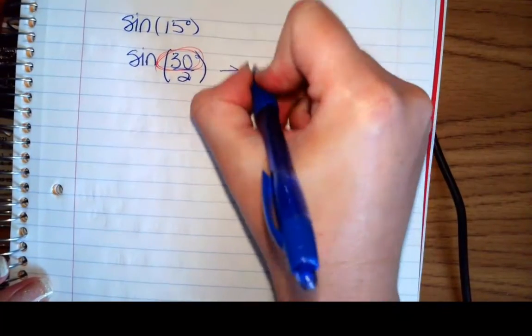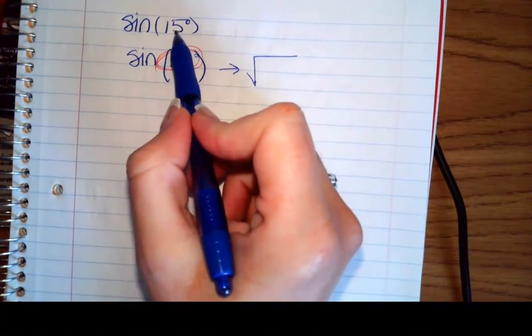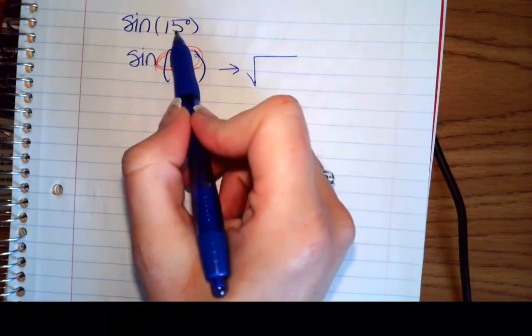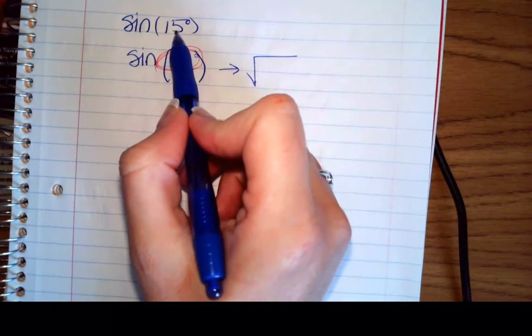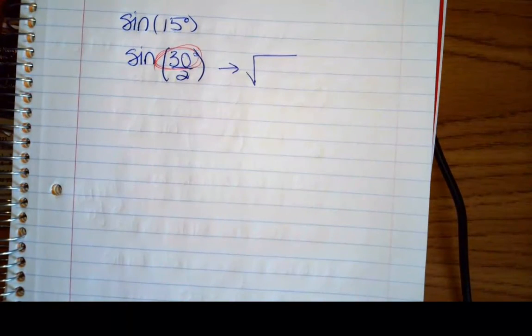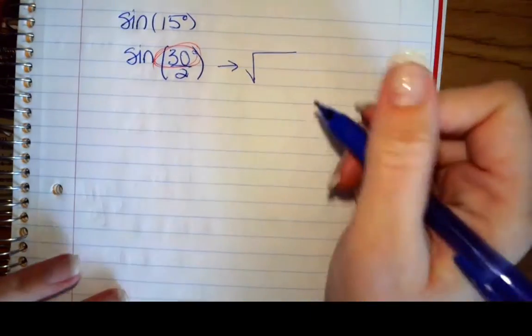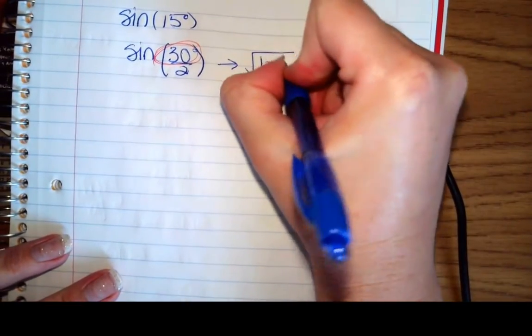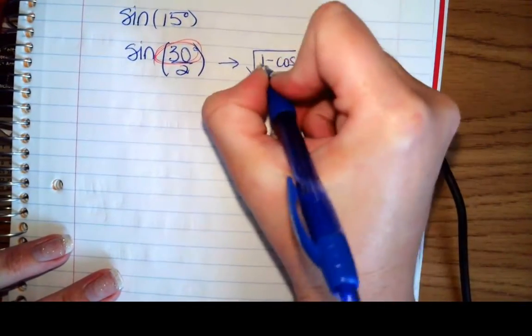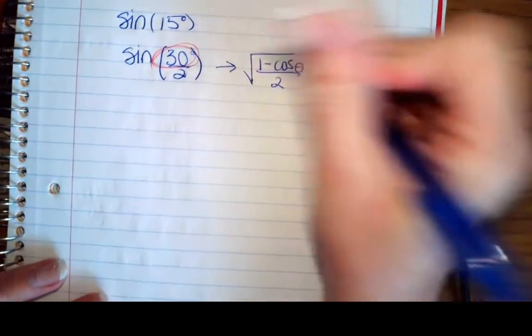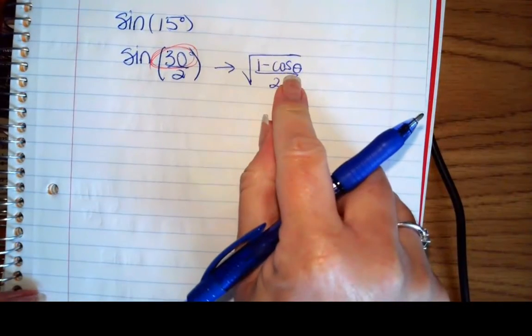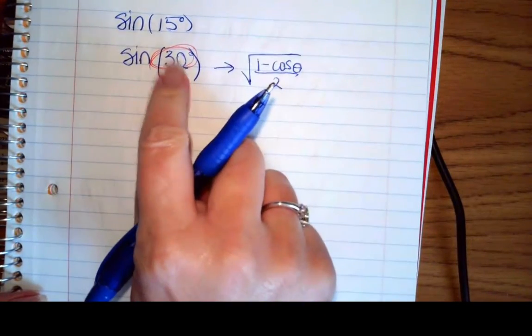So I am going to apply this, and I'm going to remember that first of all, 15 degrees is in quadrant 1. Everything's positive in quadrant 1. And then my formula for a half angle on sine is going to be the square root of 1 minus cosine theta this time, over 2. So what is cosine at 30 degrees?